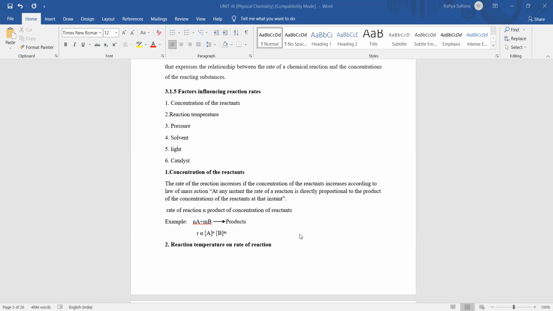Next comes temperature. What will happen when we increase the temperature of a reaction? Generally, how does a chemical reaction occur, can anybody tell? When the reactant molecules collide with each other, they form a new product. If the collision is a fruitful collision, then there is a formation of a new product. So when we increase the temperature of the reaction mixture, the kinetic energy of the reactant molecules increases.